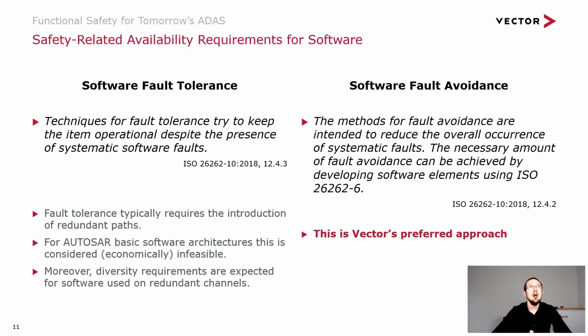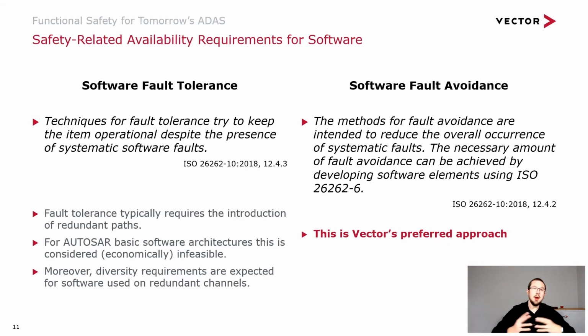Okay, so ISO 26262 gives us some guidance when it comes to fault tolerance and fault avoidance. Fault tolerance basically means that we use a number of techniques to keep the software operational despite faults already being present in the software.